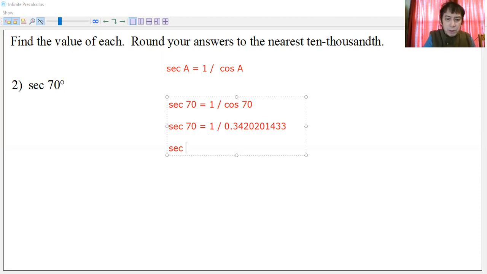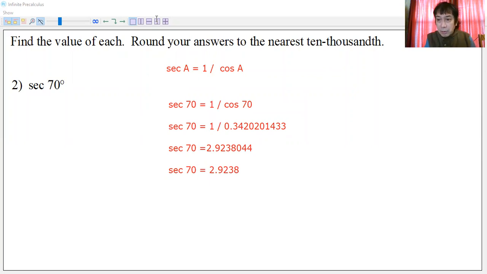And so secant of 70 degrees must be equal to 2.92388044. Now, rounded to the nearest 10,000th, that will be 4 numbers after the decimal point, so 9238 will be the next 4 numbers.